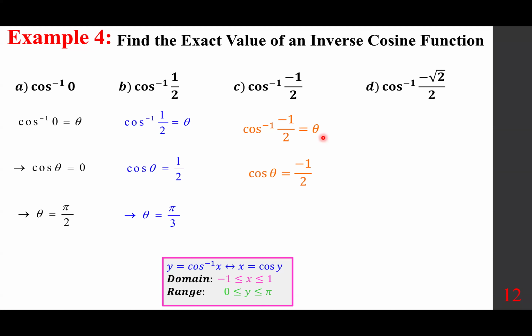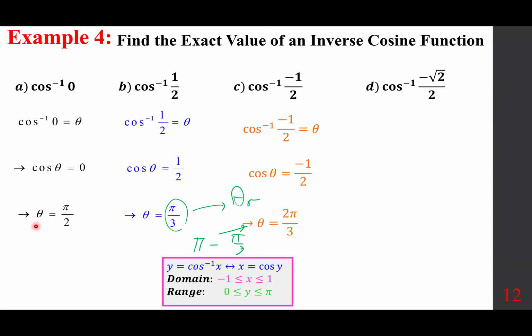So just to remind you, if it were positive 1/2 it would be pi over 3. For negative 1/2, you say pi minus pi over 3, which becomes 2 pi over 3, because pi over 3 acts as the reference arc for the positive. That's how you figure it out.